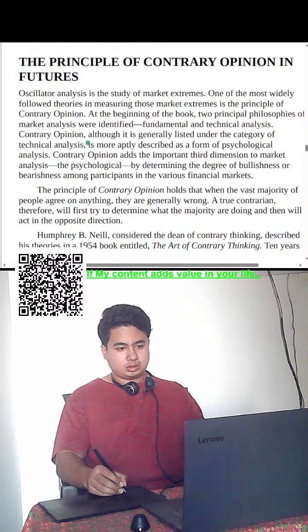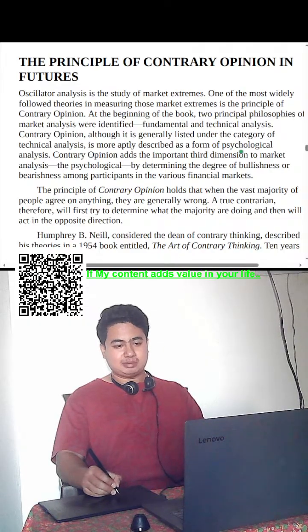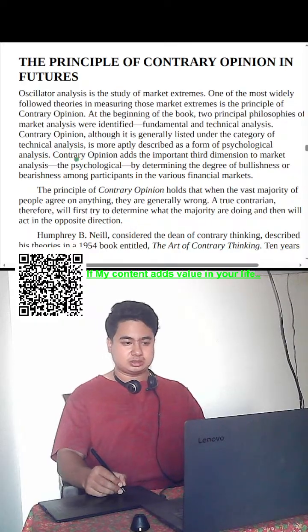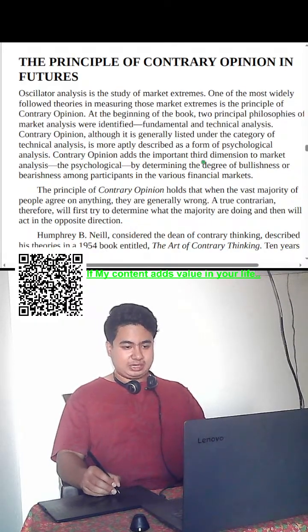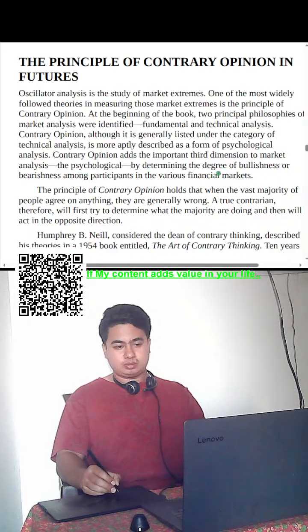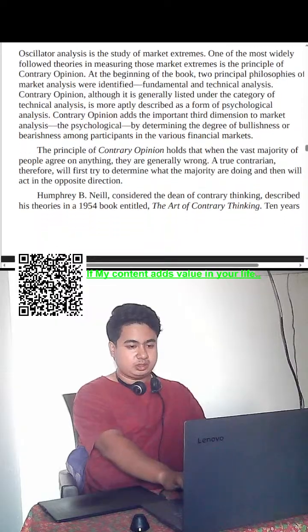Alright, contrary opinion, although it is generally listed under the category of technical analysis, is more aptly described as a form of psychological analysis. Contrary opinion adds the important third dimension to market analysis, the psychological, by determining the degree of bullishness or bearishness among participants in the various financial markets.